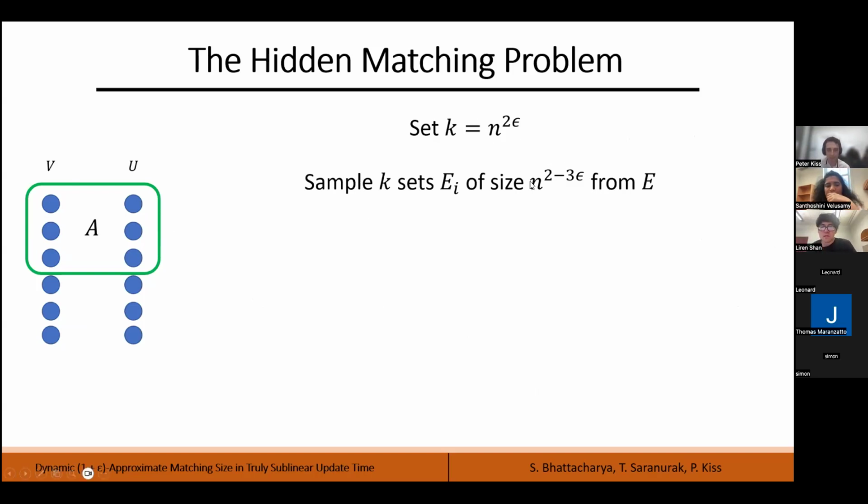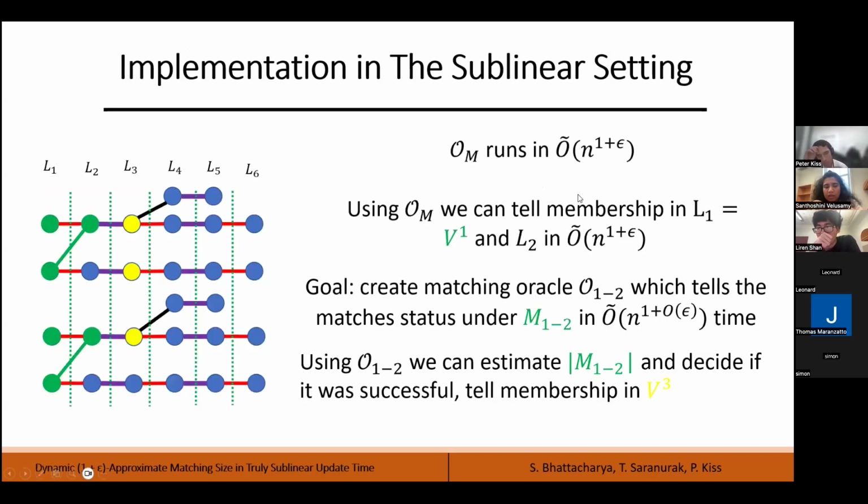Quick question, I just want something to be clarified. In that augmenting path algorithm, I thought we actually need to find the augmenting path. So here, in this hidden matching problem, we need to compute the matching itself and not just the size, right? Sorry, that was confusing.